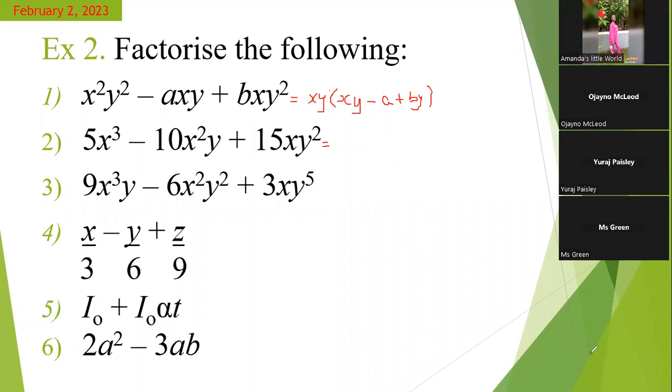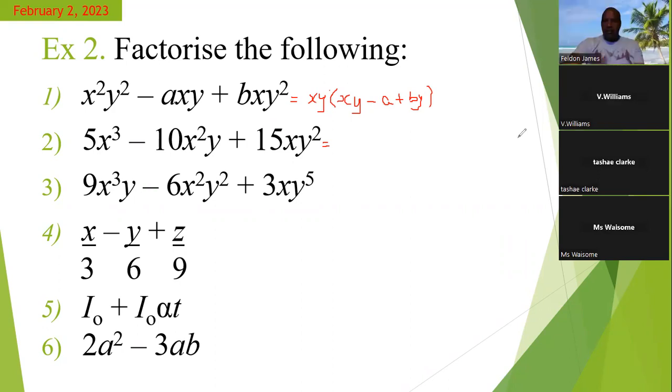I will try, sir. All right, go ahead, Miss Williams. Okay, sir. So what I have is 5x cubed, and we realize that x is common in all 3, so I have 5x outside the bracket.